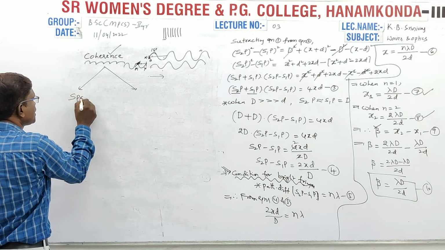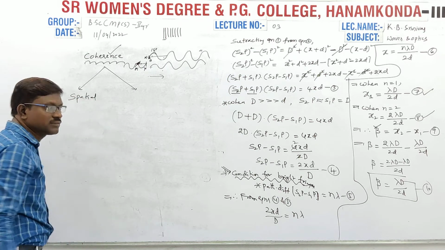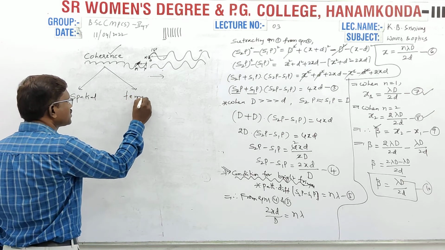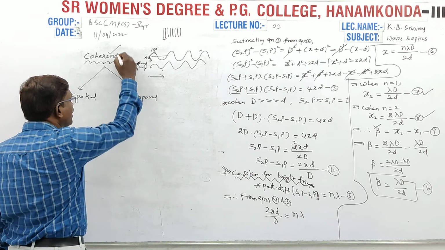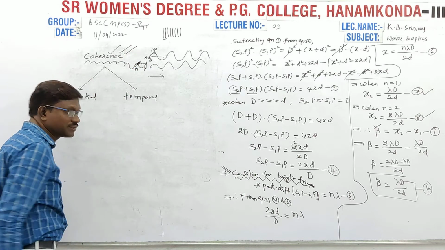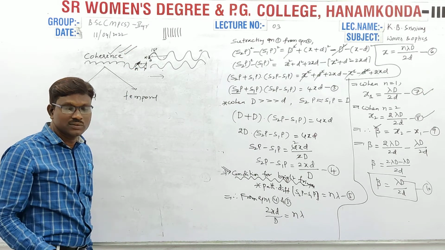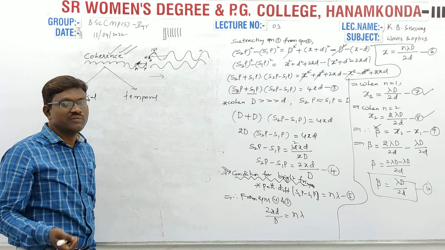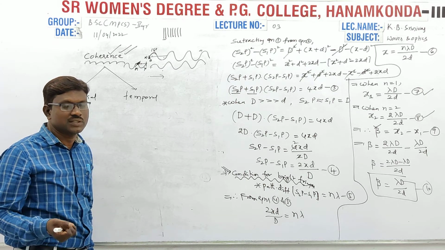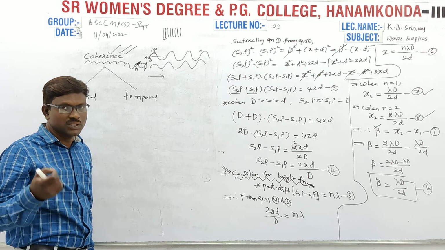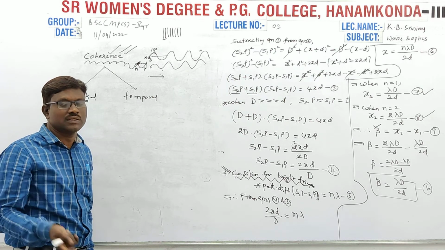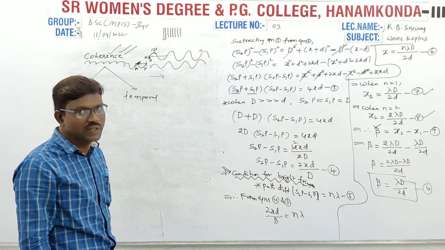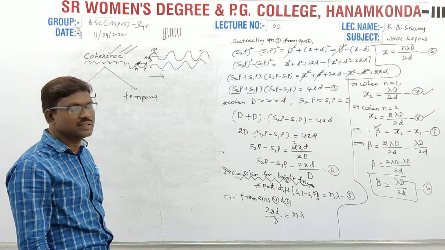This coherence is again divided into two types. First one is spatial coherence. Second one is temporal coherence. Types of coherence. Again I am defining coherence. What is coherence? When two waves have the same phase or constant phase difference, then the sources which help to generate that type of waves are known as coherent sources, and that phenomenon is known as coherence.